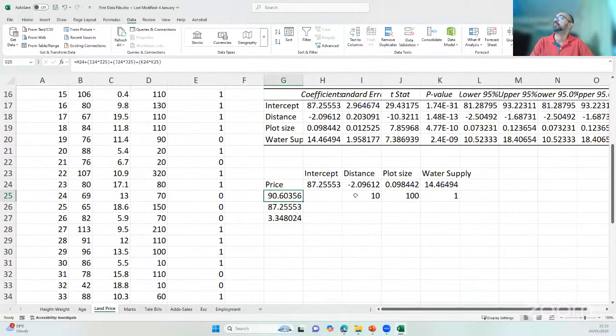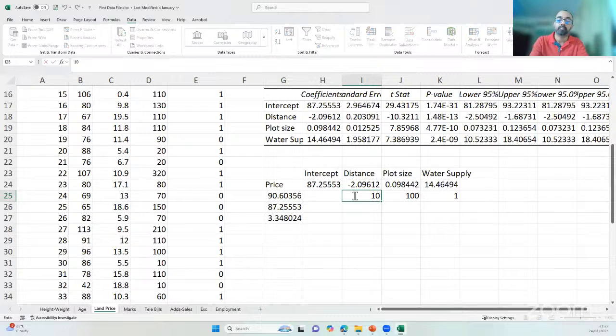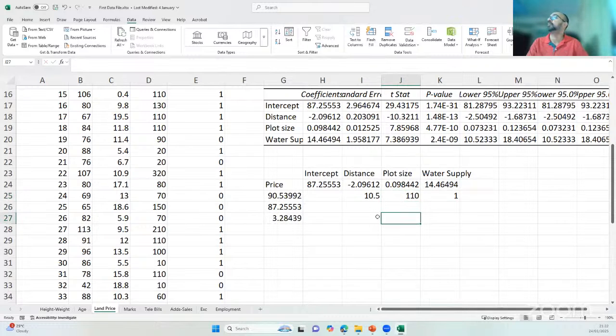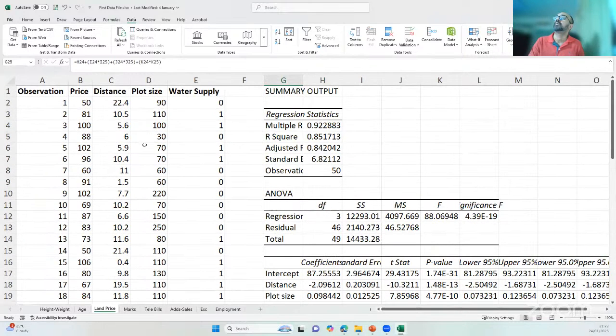Okay, so the estimated value is 90.5. We'll see the actual value is 81. Okay, you can see the actual value is not exactly the same, but some closer value.